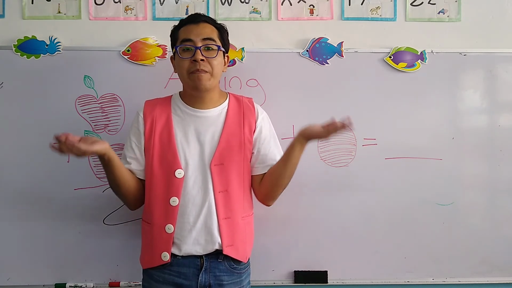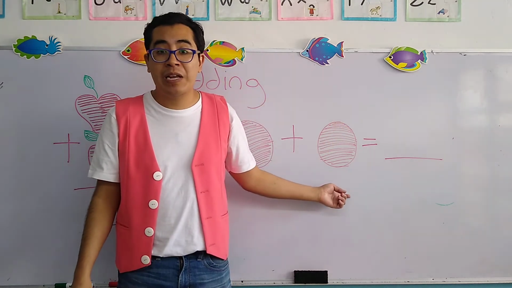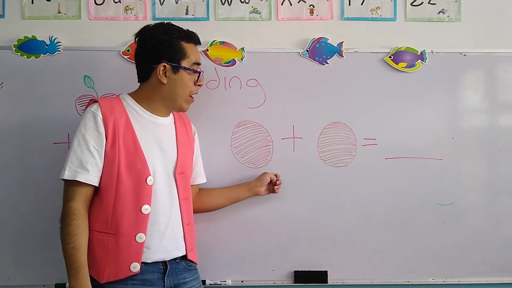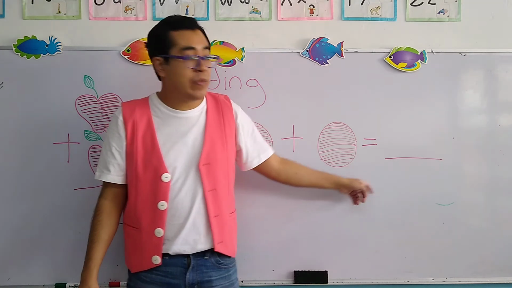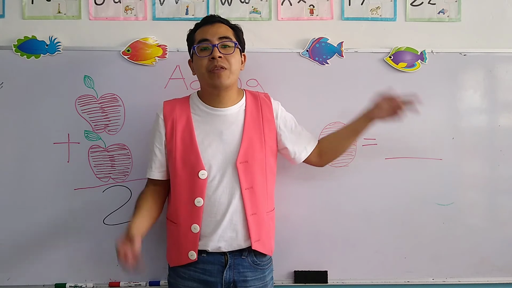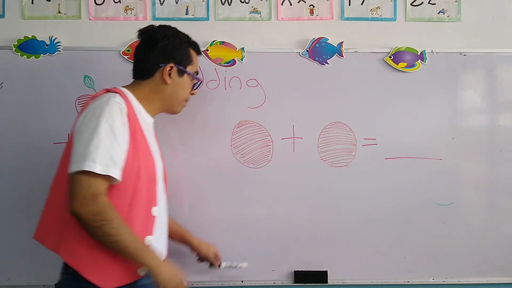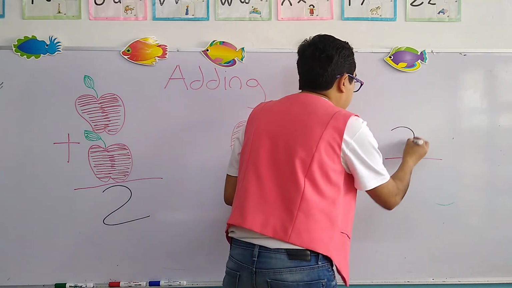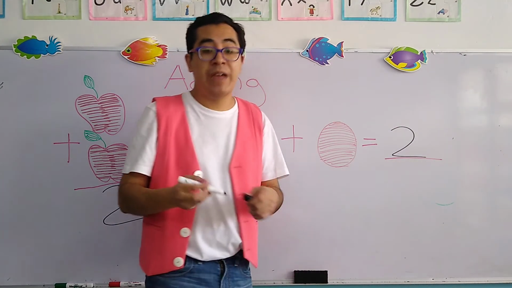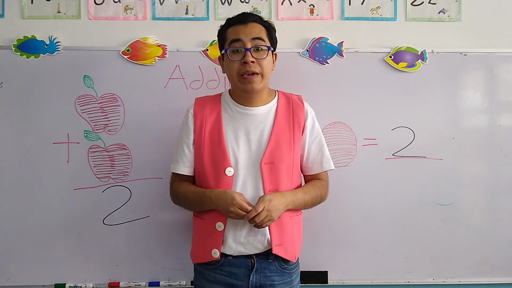Number 2. Why? ¿Por qué? Because that's the total of oranges that we have. Es el total de naranjas que tenemos. 1 and 2. So the result, number 2. For this, remember, number 2, once again, is the dog. Excellent. Very good.